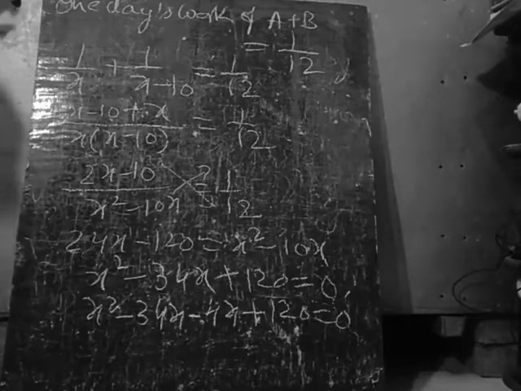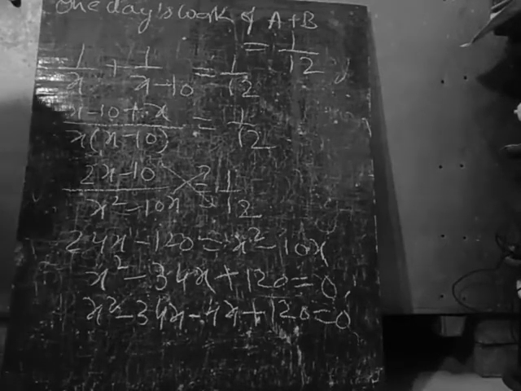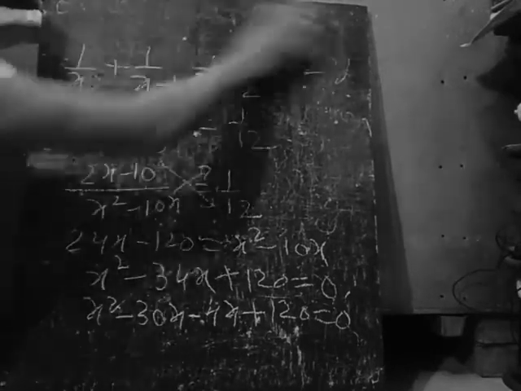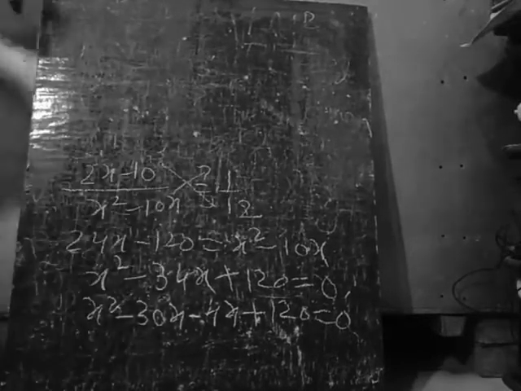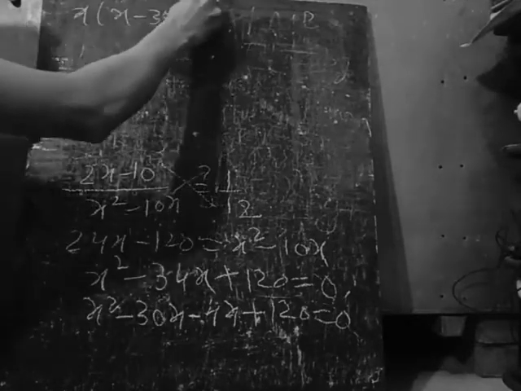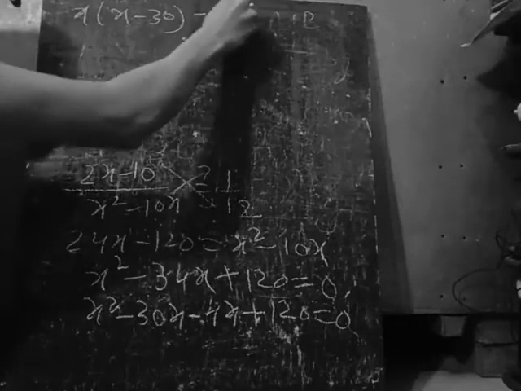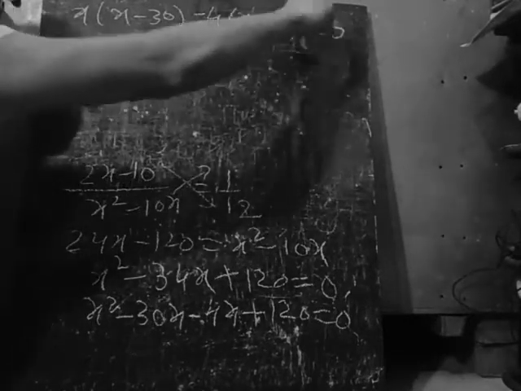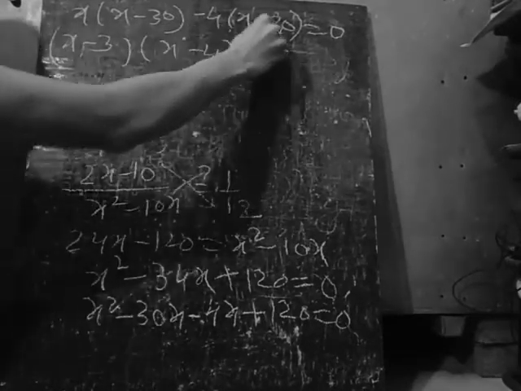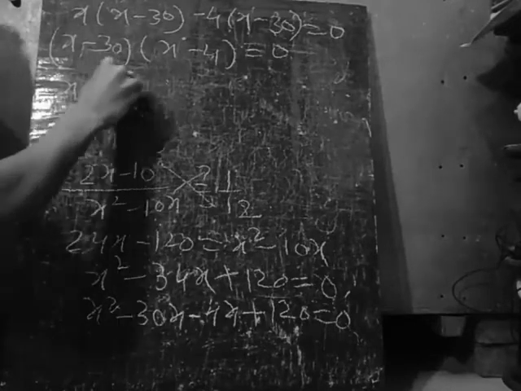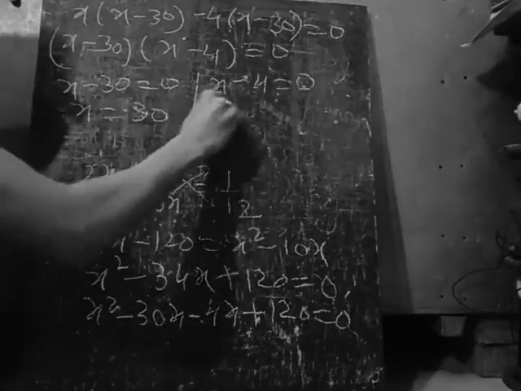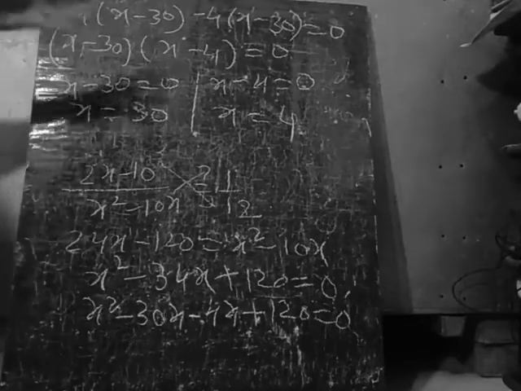Taking common, x common, x minus 30, and minus 4 common, again x minus 30, is equal to 0. Now x minus 30 and x minus 4 is equal to 0. So x equal to 30 and x equal to 4. Now both we are getting here positive.